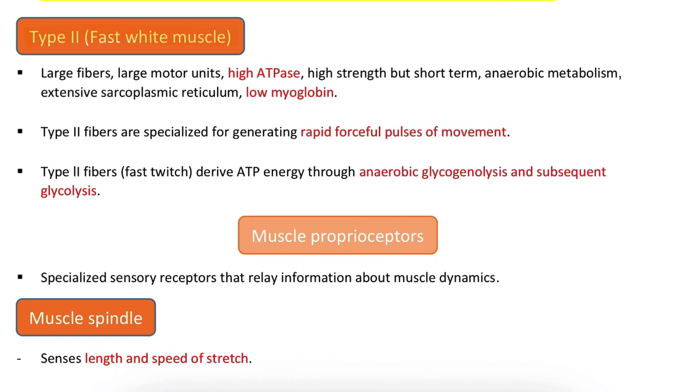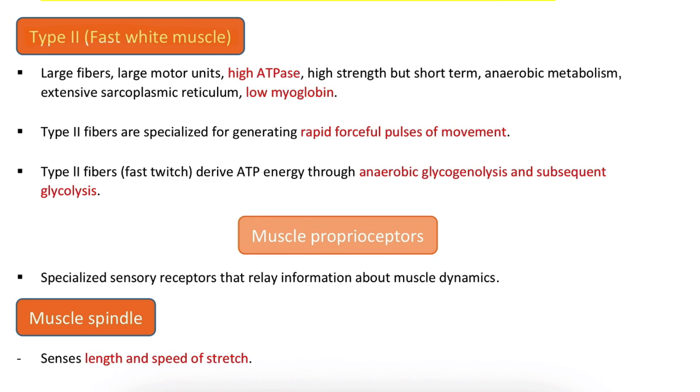They have large fiber size, large motor units for powerful movements, high myosin ATPase activity, and contract quickly. Few mitochondria, low myoglobin, rely on anaerobic glycolysis, and fatigue quickly. Used in activities like sprinting, jumping, or lifting heavy weights.